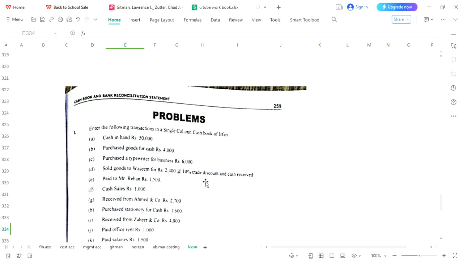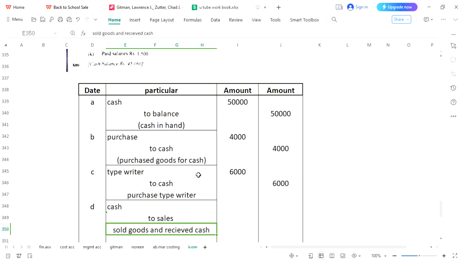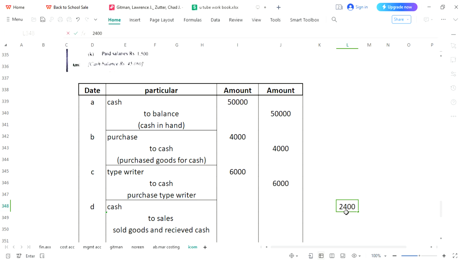So instead, note it down: the total amount was 2400 and you have given 10% discount. First we will calculate 10%. How would you calculate 10%? 2400 multiplied by 10 and divided by 100. In this way, you will calculate your 10%.